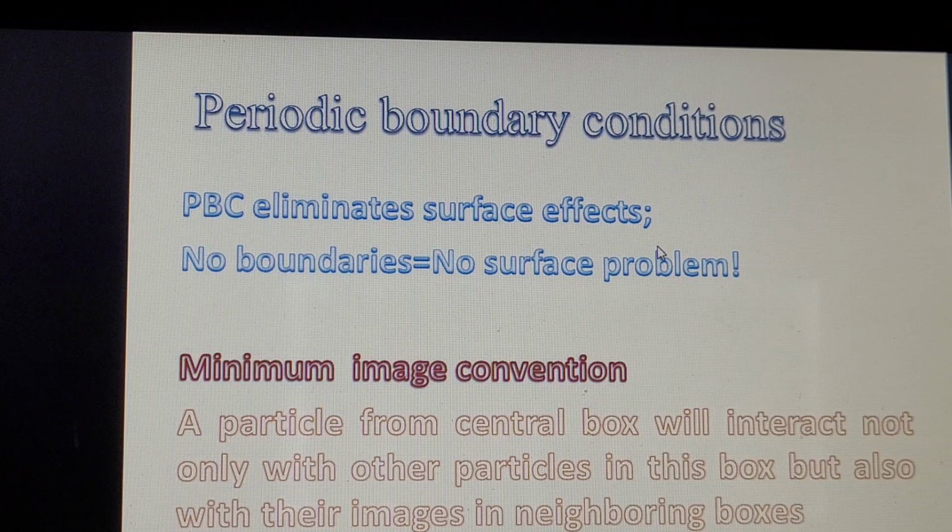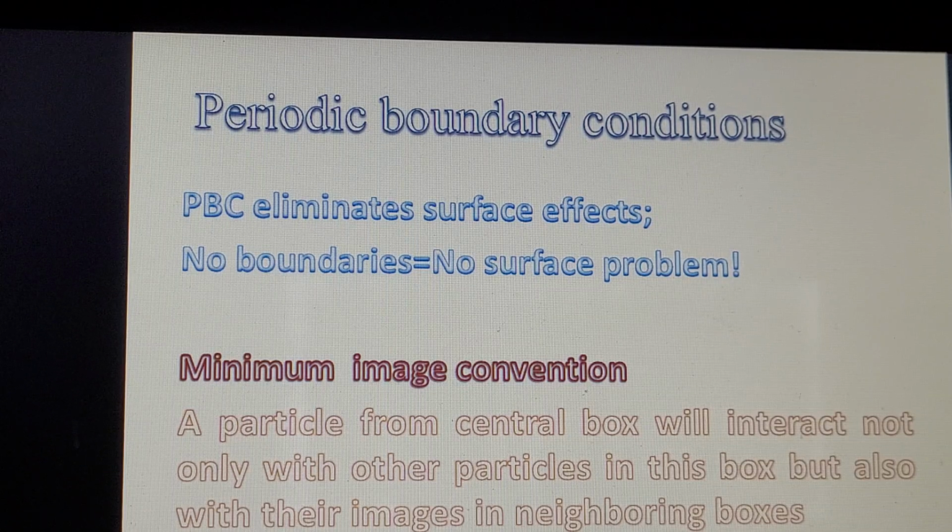It means that you have to consider your system just as if there is no boundary, and this boundary condition is repeating at periodic intervals, and it can repeat itself, so you just consider it as an infinite situation.